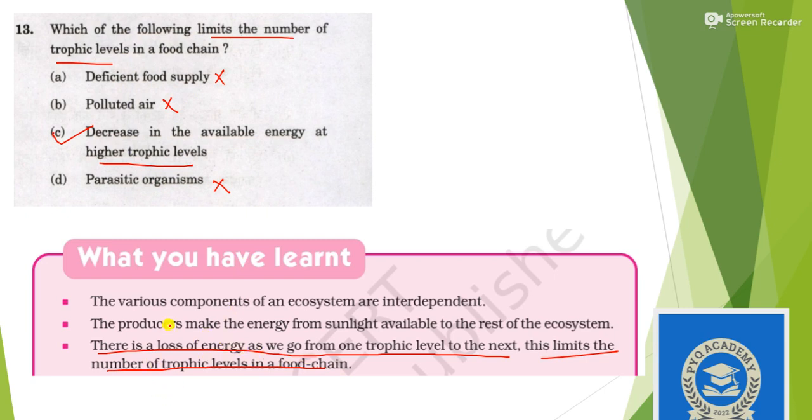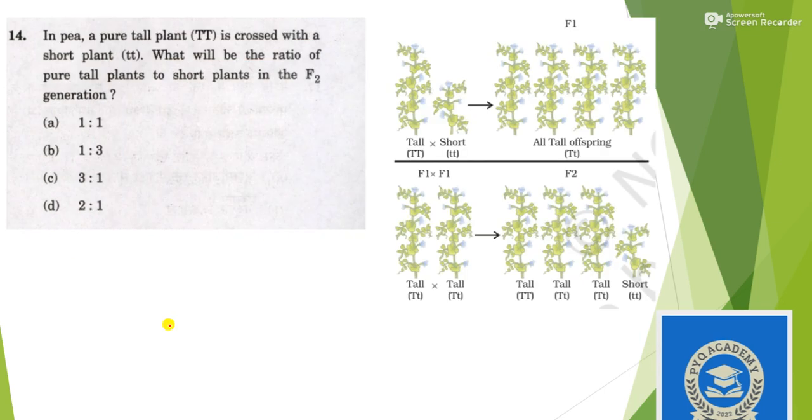So let's move to next question. This is a question from, I think, the heredity chapter, class 10, in which the scientist Mendel is describing different selection methods. Okay, so let's come to the question.